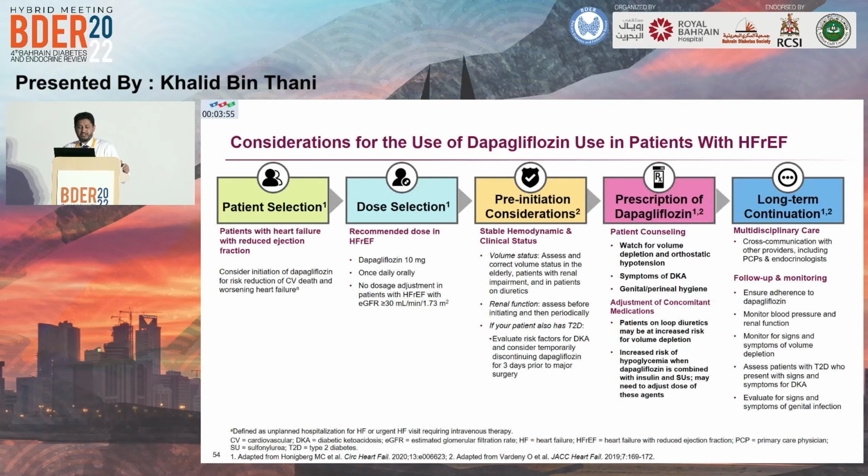Make sure about the adjustment of concomitant medication. Patients on loop diuretics may be at increased risk of volume depletion, so you have to review these patients. Make sure that they don't over-diurese, and note the increased risk of hypoglycemia when dapagliflozin is combined with insulin. This should be in cooperation with your endocrinologist.